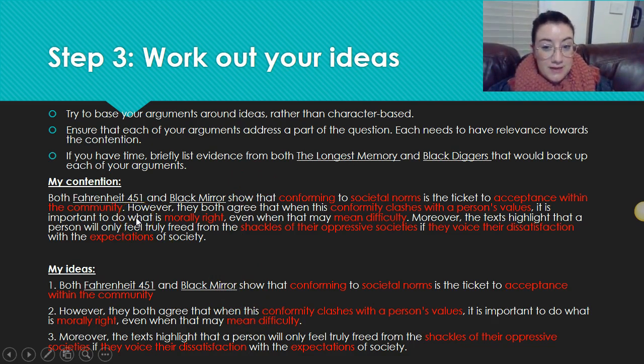However, they both agree that when this conformity clashes with a person's values, it is important to do what's morally right, even when it's difficult. So that's going to be my second argument. And then my third argument is all going to be about that you only really feel truly free if you voice your concerns or your dissatisfaction. Okay, they're my three arguments.